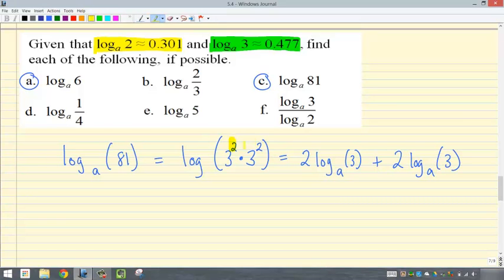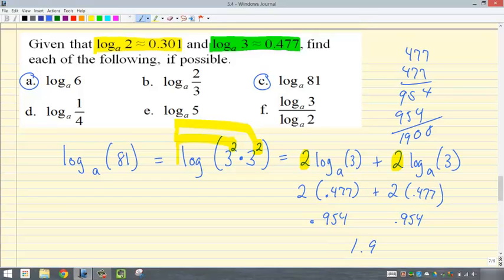We're taking this 2 and dropping it down in front, and we're taking this 2 and dropping it down in front. That's where those come from. And we know what log base a of 3 is. So this is going to be 2 times 0.477 plus 2 times 0.477, which is 1.908.